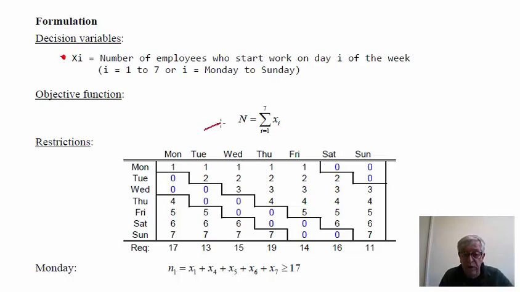So in this way, we can identify the number of people in our team as simply the number of people in each group. And now we need to establish the restrictions. The restrictions must ensure that we have enough people working every day of the week. We have here in the last line the requirements for each day of the week from Monday to Sunday.